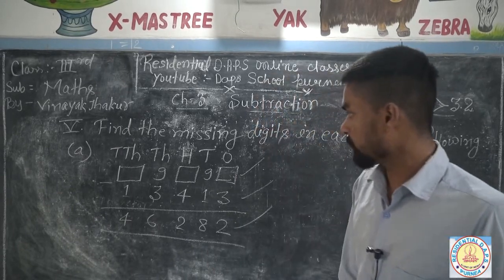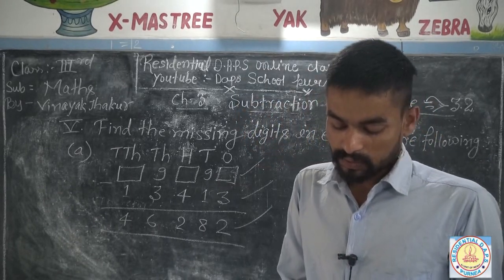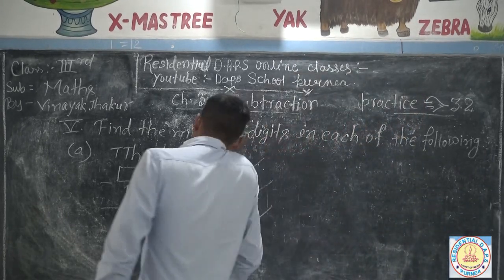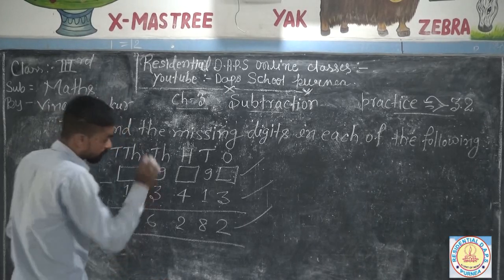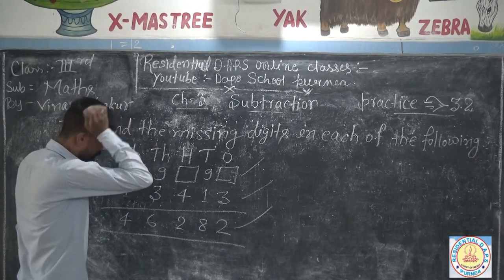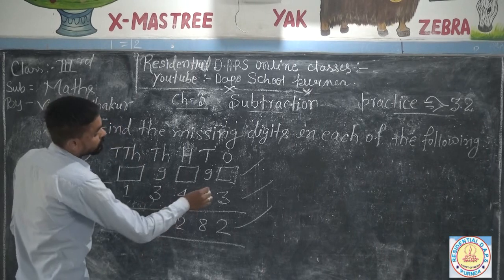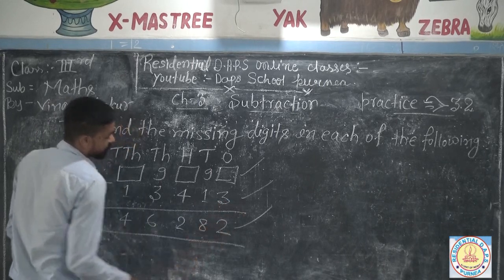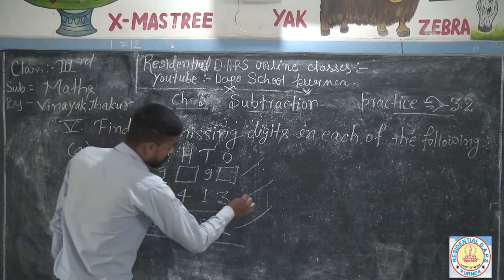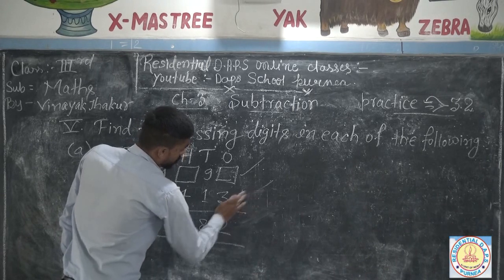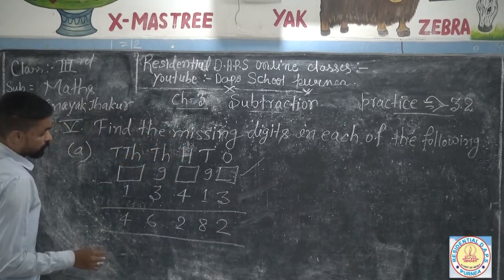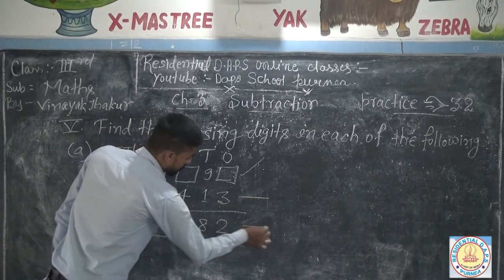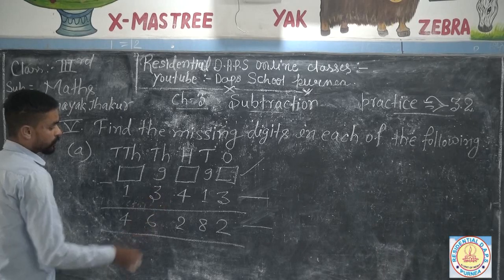To find the minuend, you need to add the subtrahend and the difference of the two numbers.